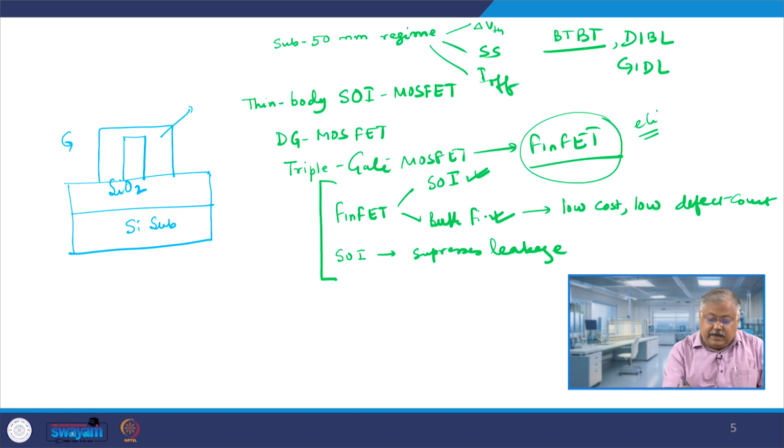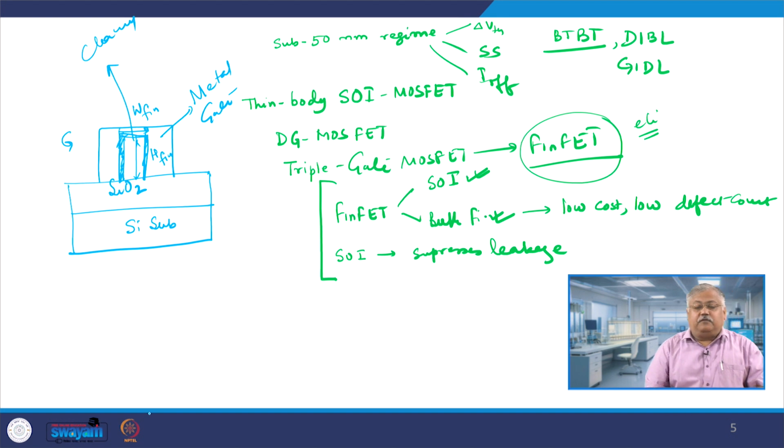So, this is your metal gate, and this is your channel, and there will be a thin oxide layer somewhere here, and this is the idea. This is referred to as the height of the fin, and this is referred to as the width of the fin.